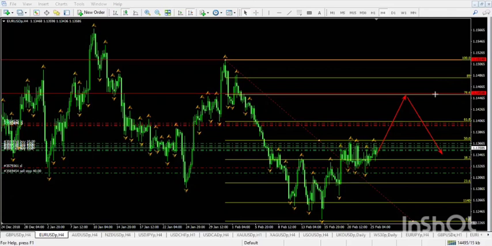Okay, I will repeat it one more time. Whenever you have drawn a Fibonacci, the end of your reverse V shape or V shape overlaps the 78 and 89 level of Fibonacci.